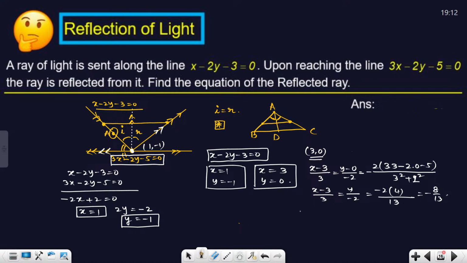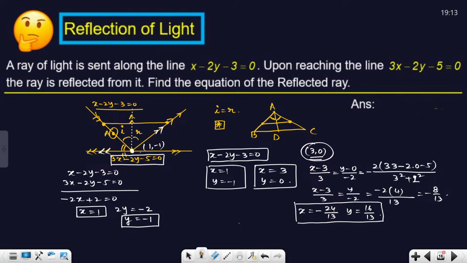So what is x? x is basically minus 24 over 13 and y becomes 16 over 13. That's it. This is the image of the point (3, 0). Where does this (3, 0) lie?